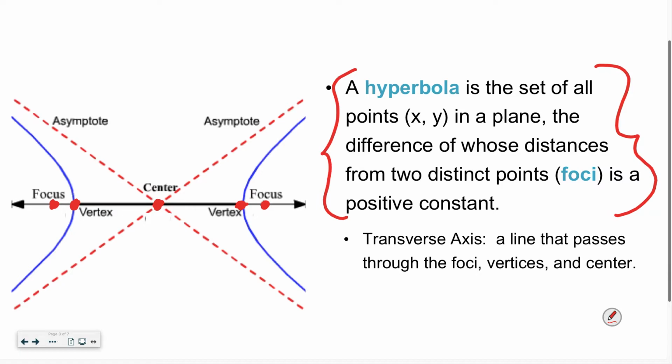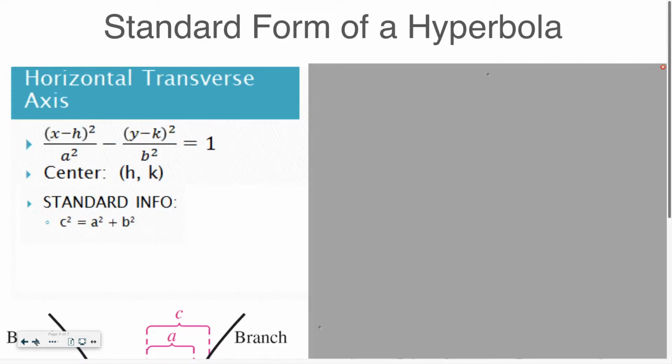Okay. So much like yesterday with our ellipses, the center, vertices, and foci will all lie either horizontally or vertically from each other, depending on which kind of hyperbola we have.